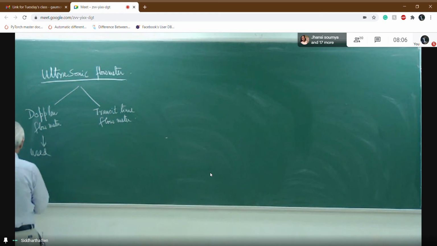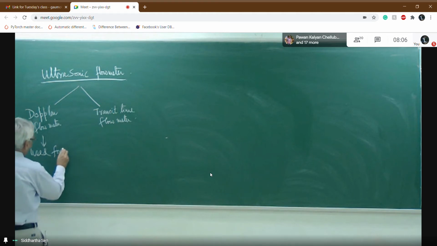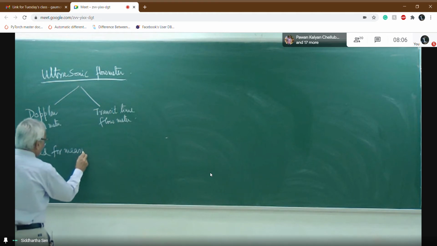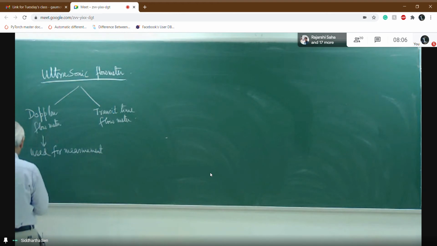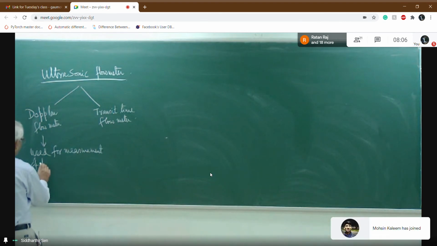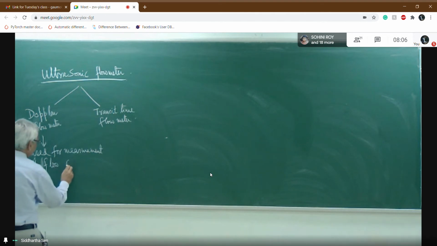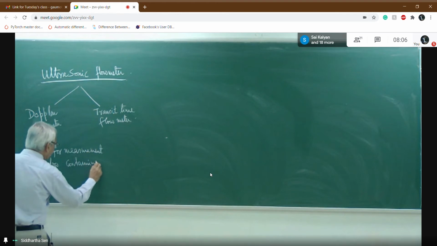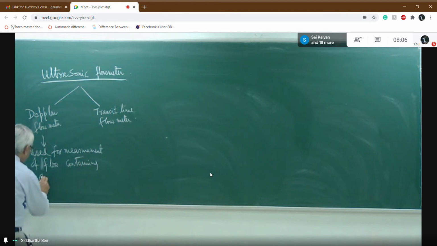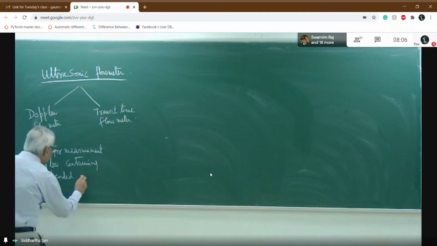used for measurement of flow containing suspended particles.